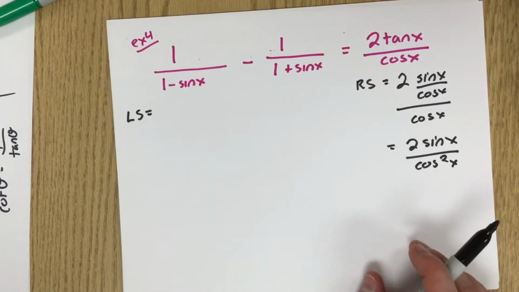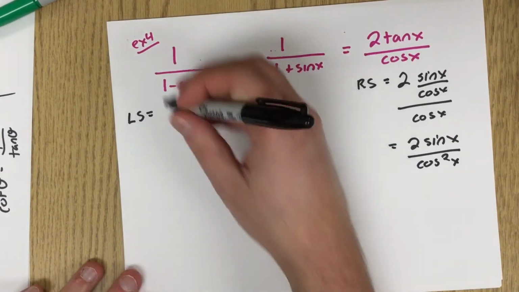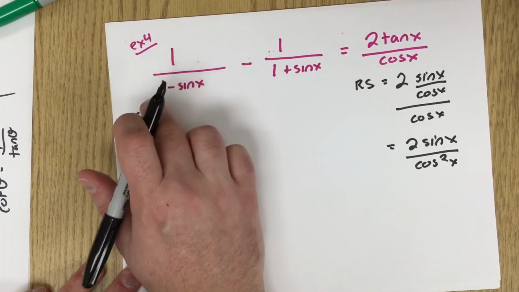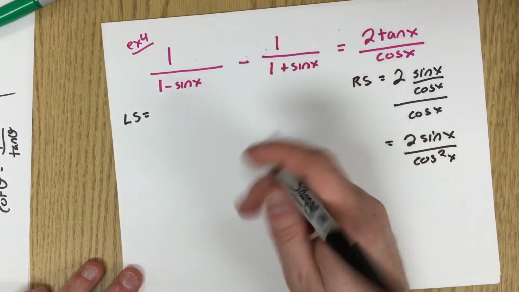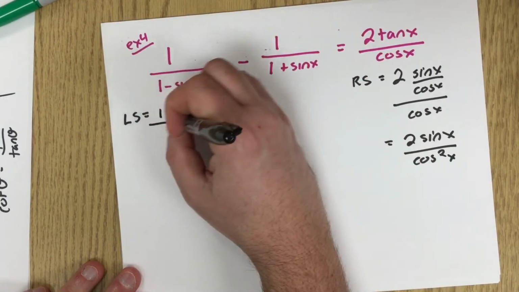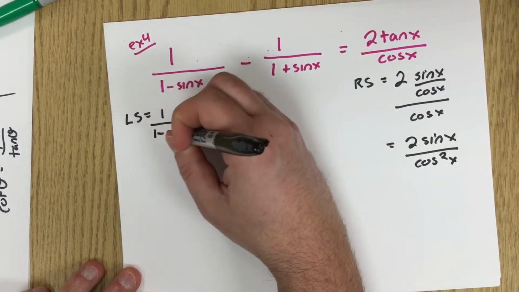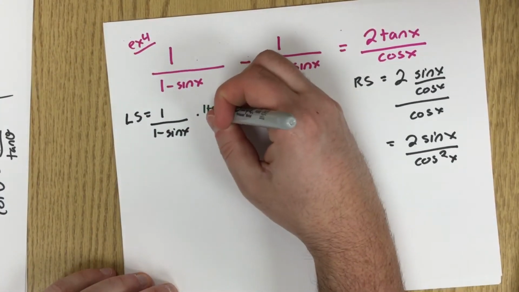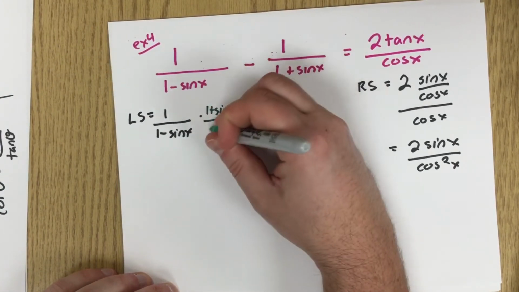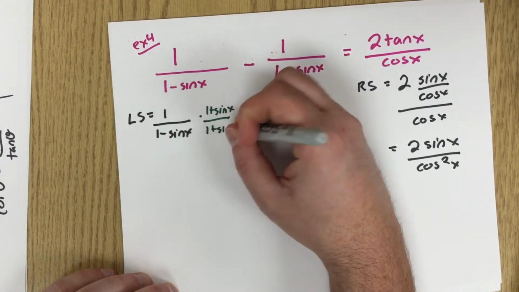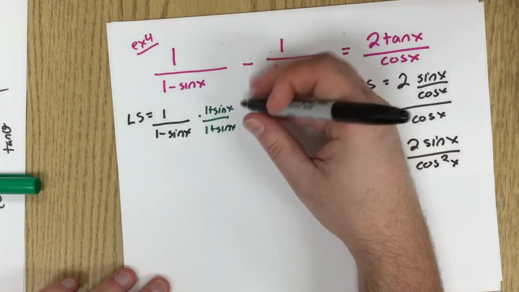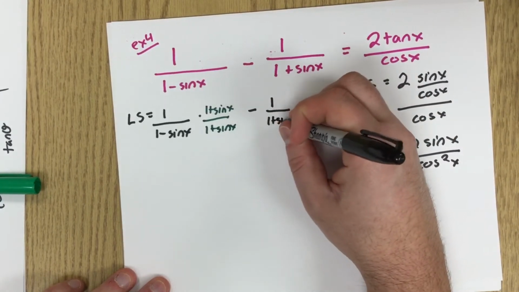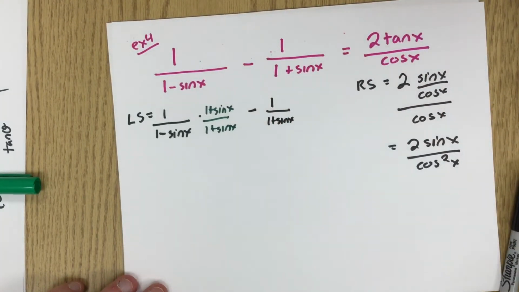So on the left side now, I'm going to find a common denominator. I'm going to do that by multiplying. So this one I'm going to multiply by 1 plus sine over 1 plus sine, and this one by 1 minus sine over 1 minus sine. So it's going to be 1 over 1 minus sine x times 1 plus sine x over 1 plus sine x, minus 1 over 1 plus sine x times 1 minus sine x over 1 minus sine x.